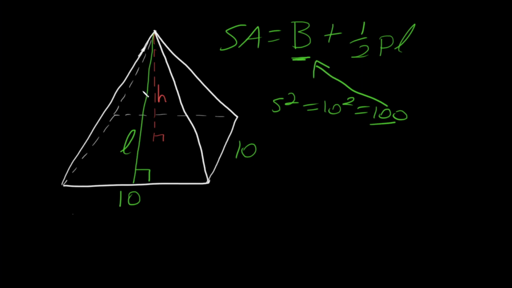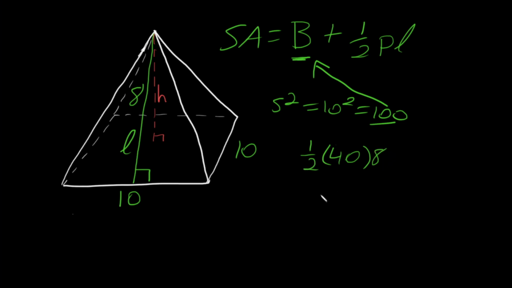Now let's say our slant height happens to be 8. So our second portion, we're going to add to the 100, 1/2 times the perimeter, which in this case would be 10 times 4, 10 plus 10 plus 10 plus 10, giving us 40, and times our slant height of 8.